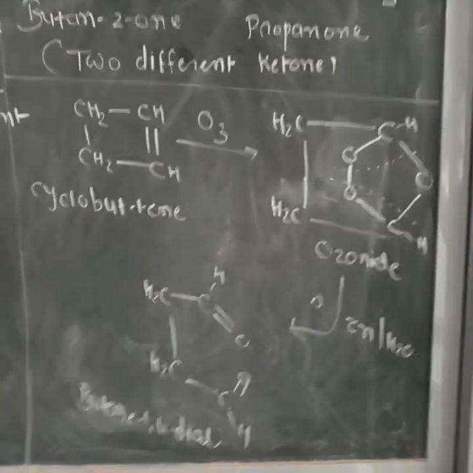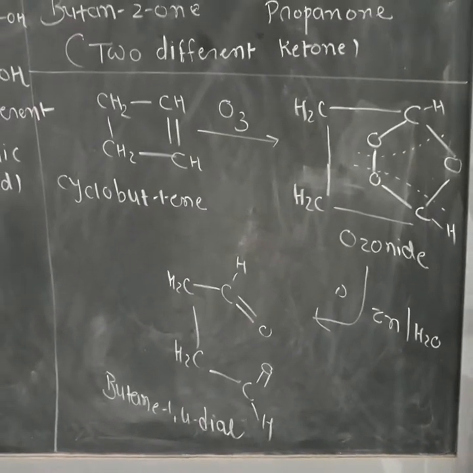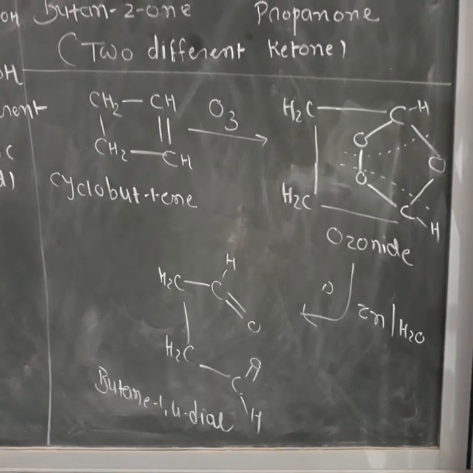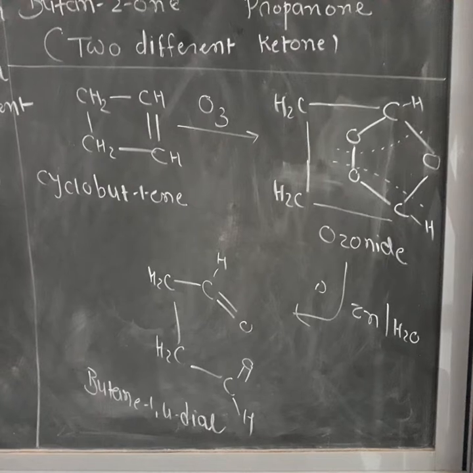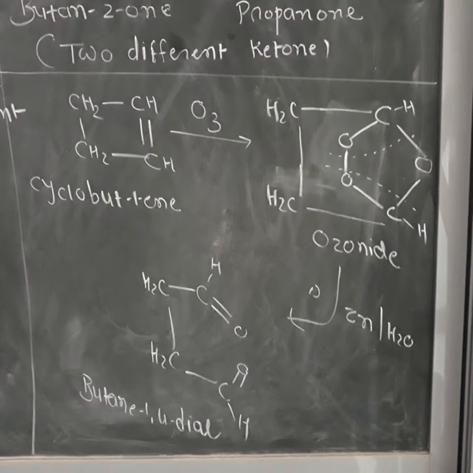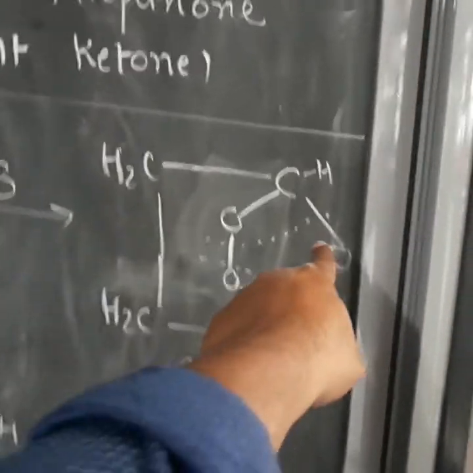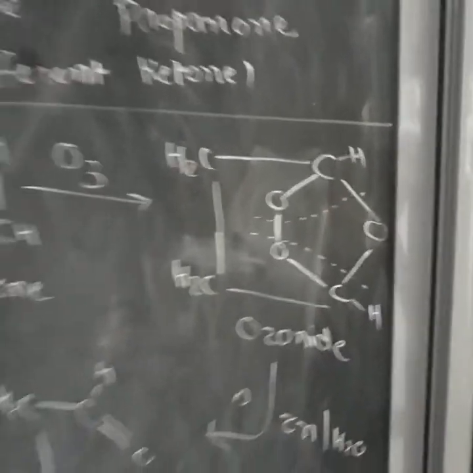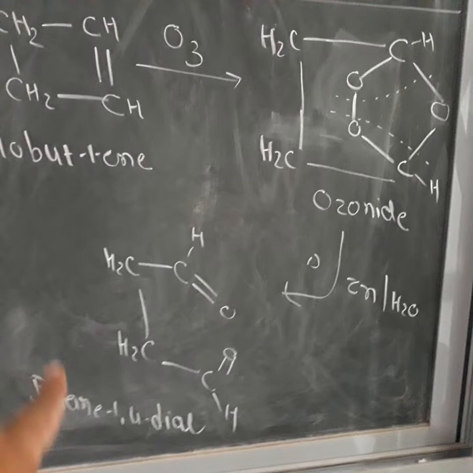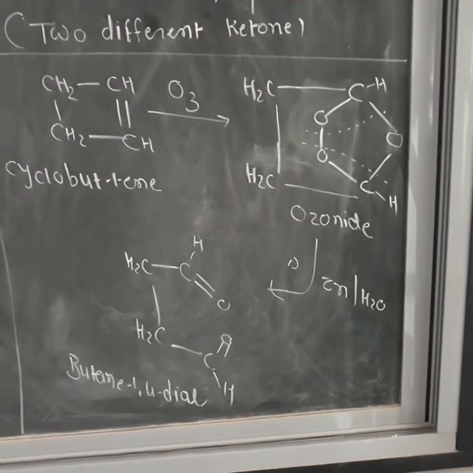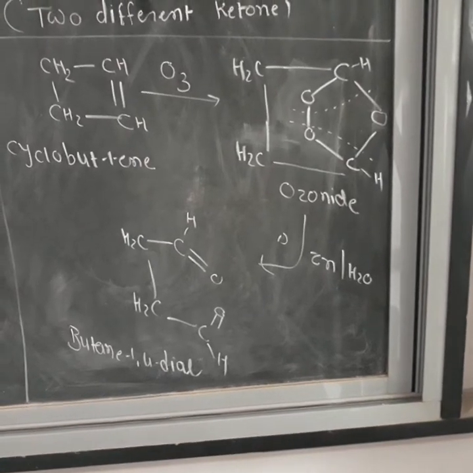Let us consider the example of cyclobutene. This cyclobutene on ozonolysis gives cyclobutene ozonide as an intermediate, which on hydrolysis with zinc and H plus, the pi bond breaks down from this point, and we will get butane-1,4-dial as a product, CHO CH2 CH2 CHO.